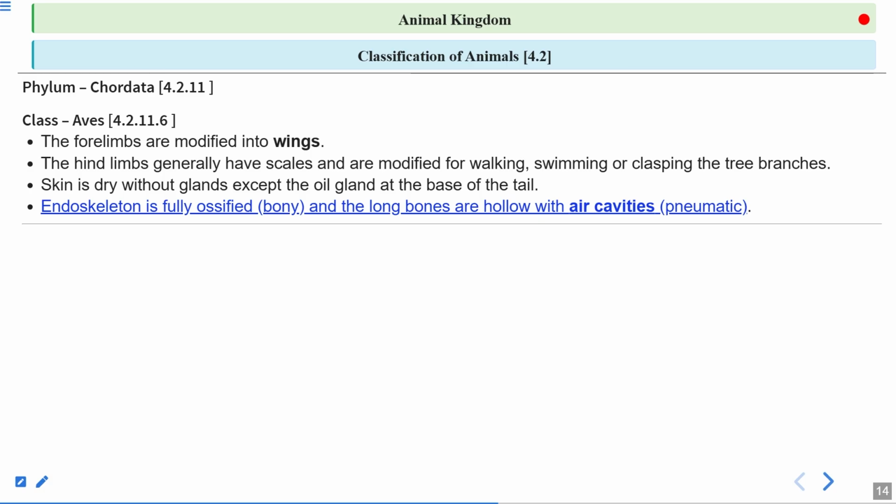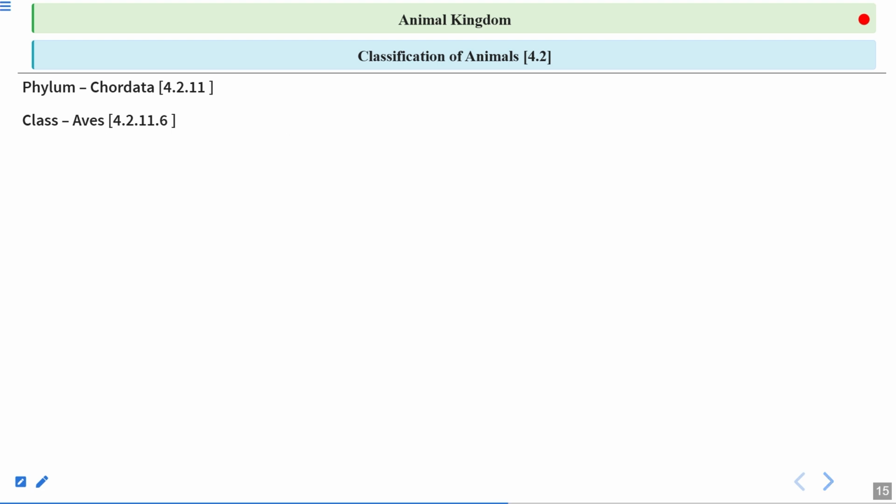So that is why there is a modification in their body: their long bones become hollow from inside, and they have air cavities in those bones. That is why those bones are called pneumatic bones.